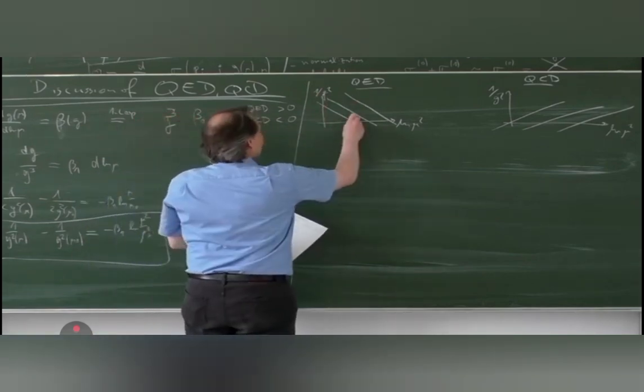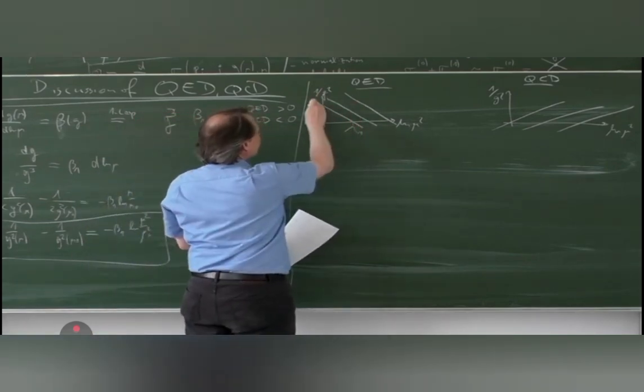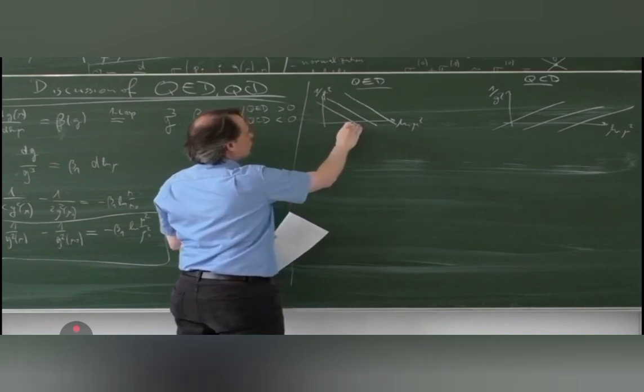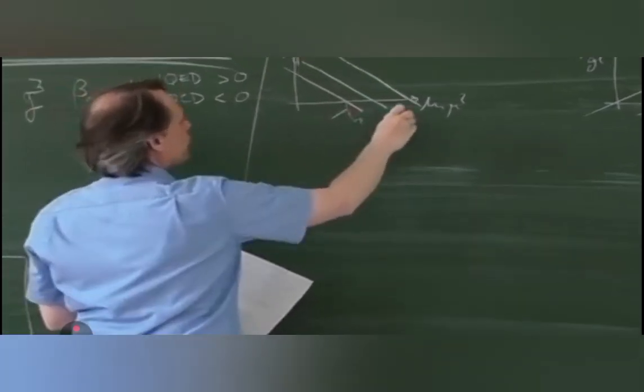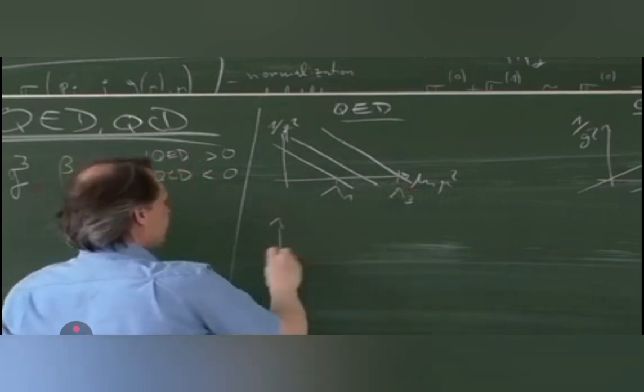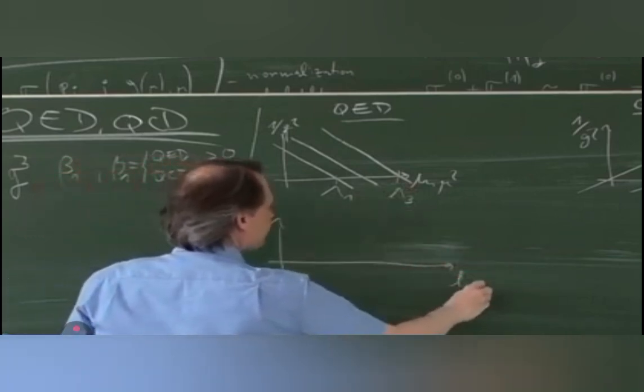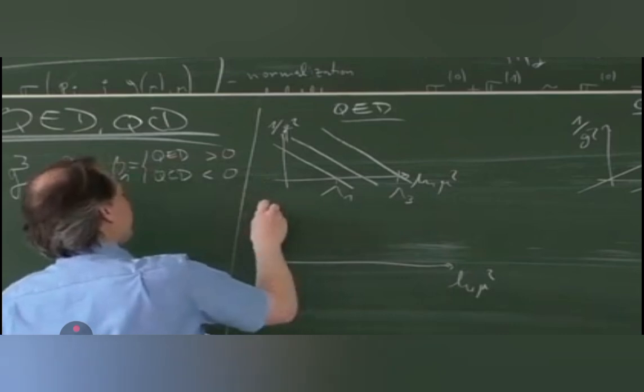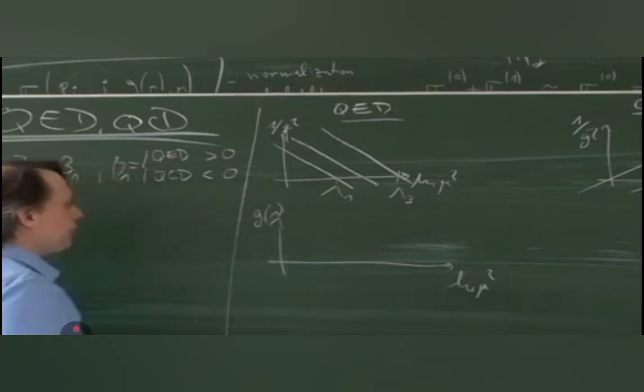So let's give it a name. This particular trajectory goes to 0 here at lambda 1, and that would go to 0 at this lambda 3. And then what does it look like if we actually plot the coupling itself, g of mu, as a function of ln mu?